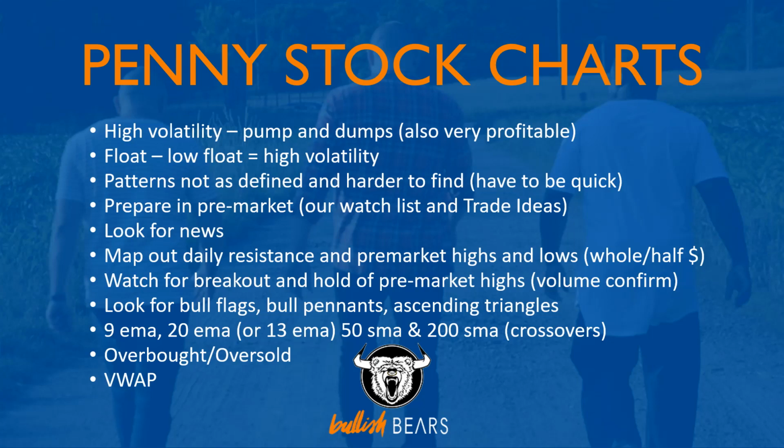And then also VWAP is a very popular indicator. That's kind of like the equilibrium of the stock's price throughout the morning. It's a very popular indicator and support and resistance level. So when price closes above or below VWAP, many traders pay very close attention to that as well. Also, keep aware of when a stock goes red to green.